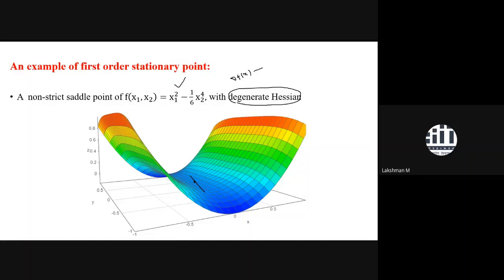If the Hessian becomes singular, then you will observe a non-strict saddle point. But if the Hessian is always non-singular and has eigenvalues of opposite sign, then your saddle point would be a strict saddle point. So this is the example of a non-strict saddle point.